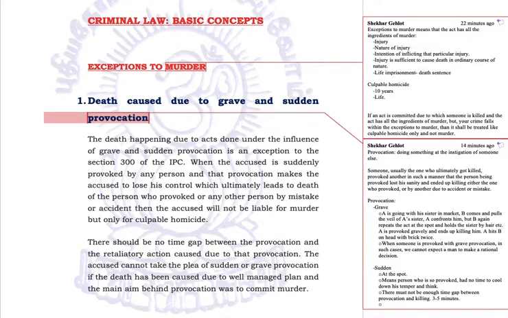But if there is a sufficient time gap between provocation and killing, it means the person had option to think rationally.